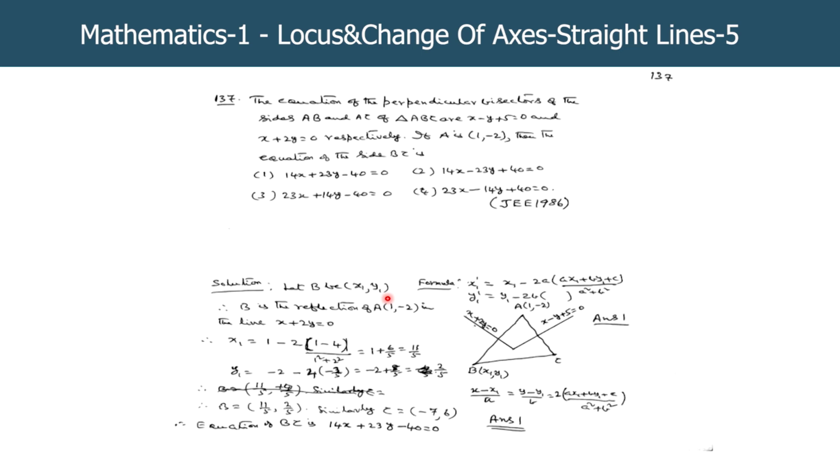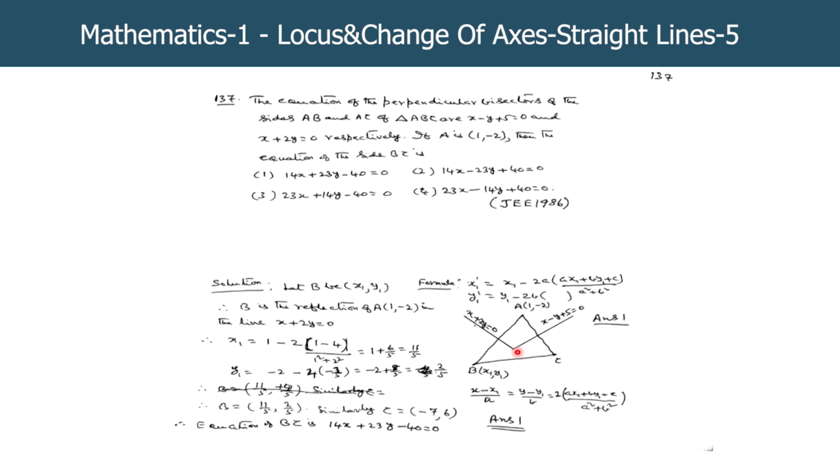So therefore, B is (11 by 5, 2 by 5), and similarly C is (minus 7, 6). So therefore, the equation of BC is 14x plus 23y minus 40 equal to 0, because we obtained the coordinates of B and C, so we can write the equation.